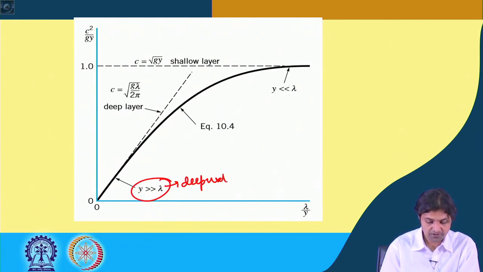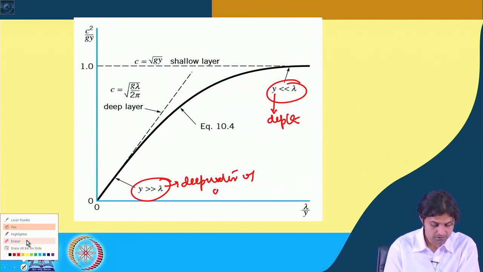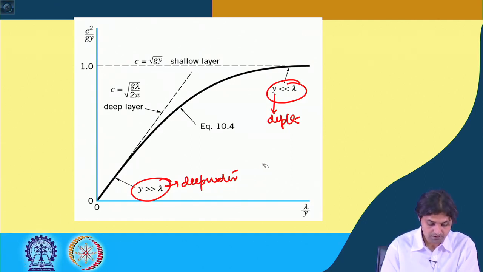So, deep water, when somebody says it, it is assumed that the depth of the water is much larger than the wavelength. Shallow water means that the depth of water is small compared to the wavelength. Okay.